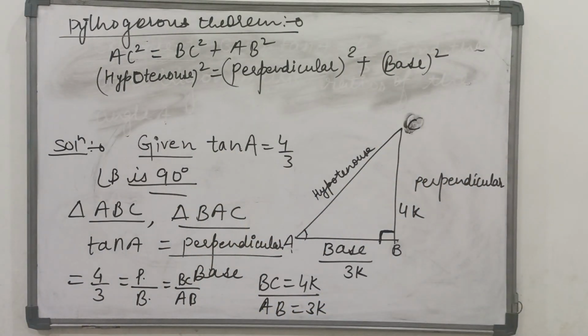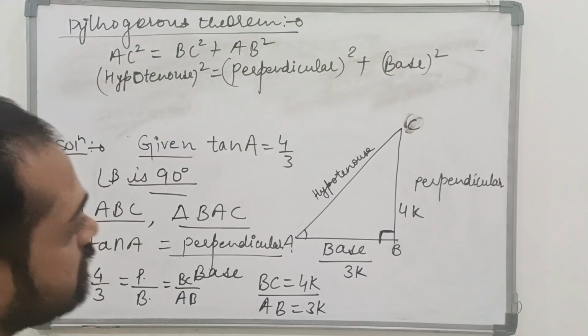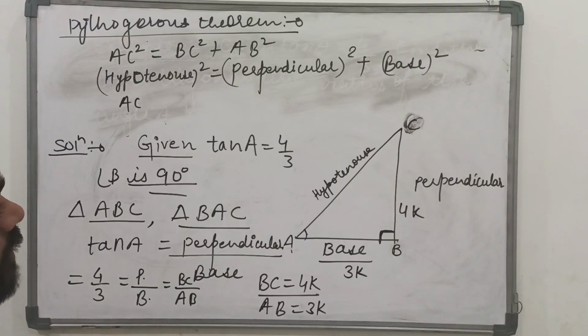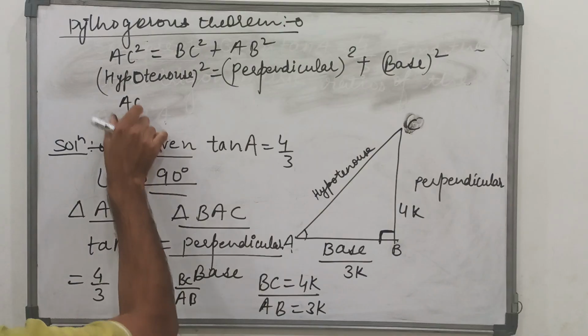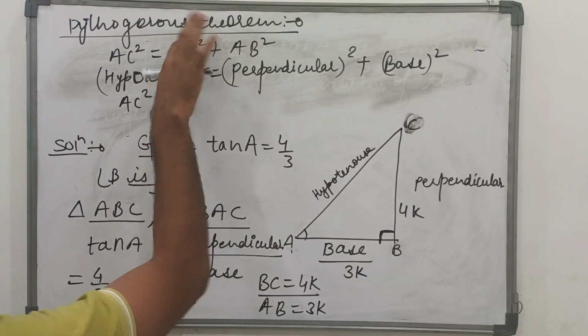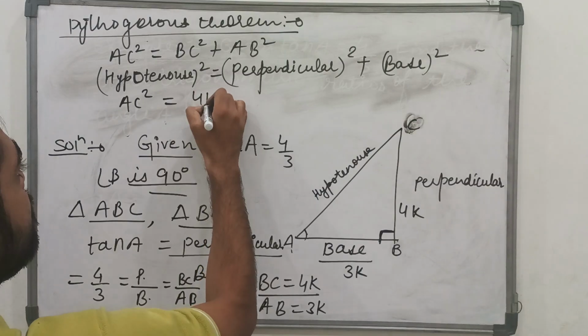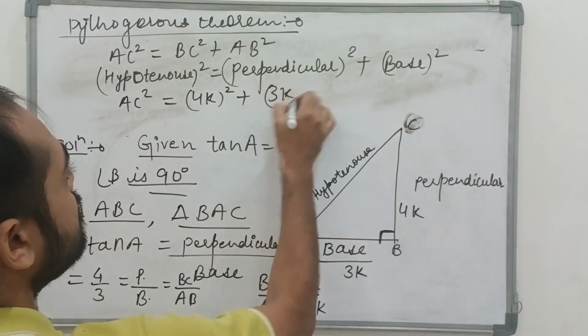Now we can solve this. AC, I have no idea about AC because we want to find it out, so we write AC square is equal to BC square plus AB square. BC is 4K, whole square, plus AB, which is 3K, whole square.